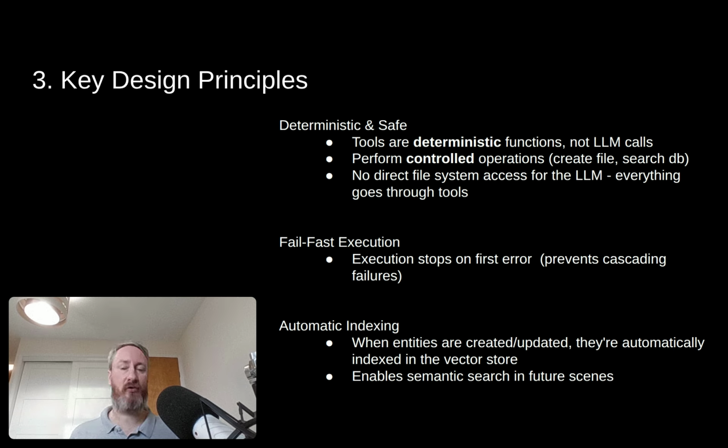So you want to have controlled operations. You want to provide a function, so this is a tool call essentially, that allows the LLM to create a new file as and when it needs to. And so that piece of code, that function will create a file on behalf of the LLM rather than the LLM getting some greater power in order to write some commands at the command line.